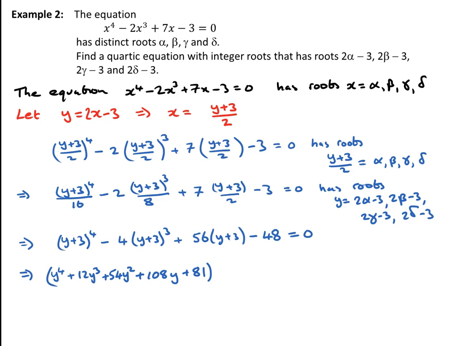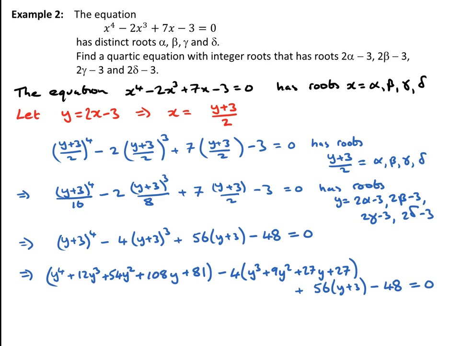Similarly, 4 lots of y plus 3 cubed is 4 lots of y cubed plus 9y squared plus 27y plus 27. And then we've still got the 56 lots of y plus 3, take away 48, all has to equal 0.